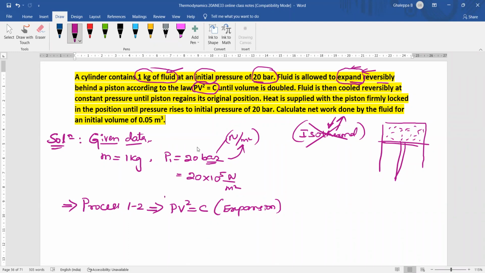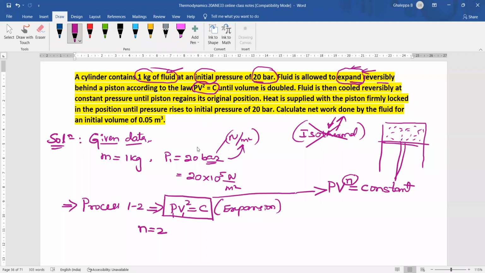Always you compare the given equation with PV to the power of n is equal to constant. Here PV is there, value of n is 2, n is equal to 2. Compare this equation with this standard. So n is equal to 2, so it is polytropic process.